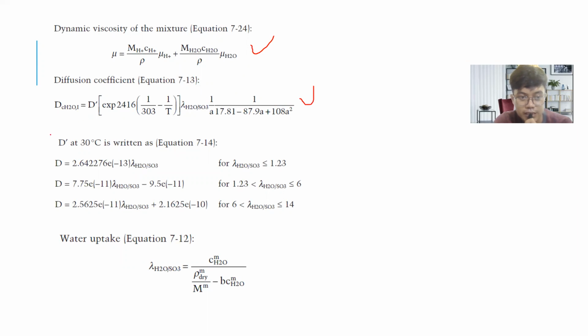We know that the diffusion coefficient has many variations based on the value of lambda.